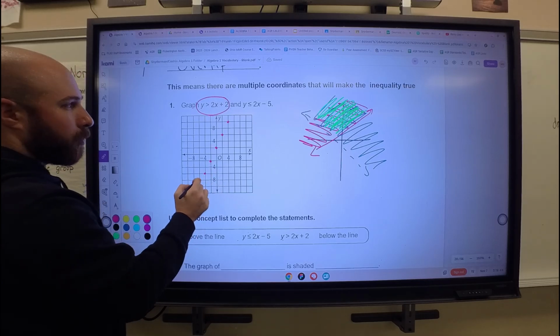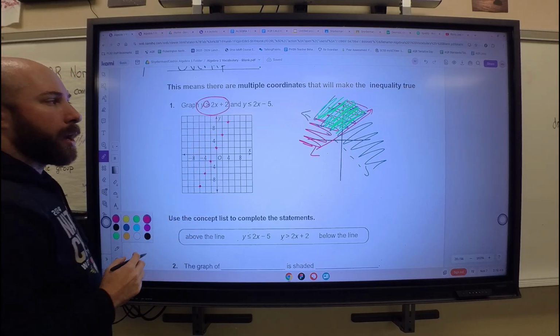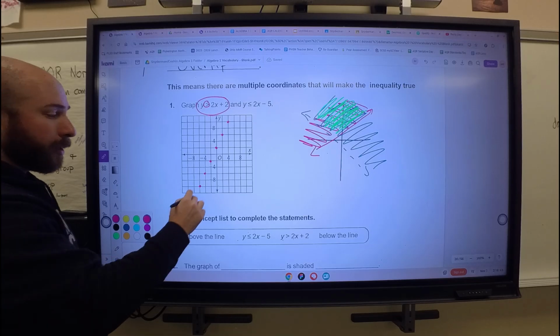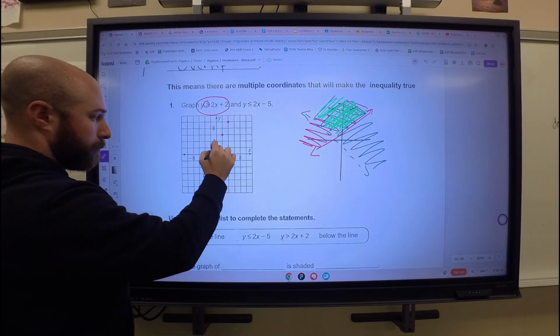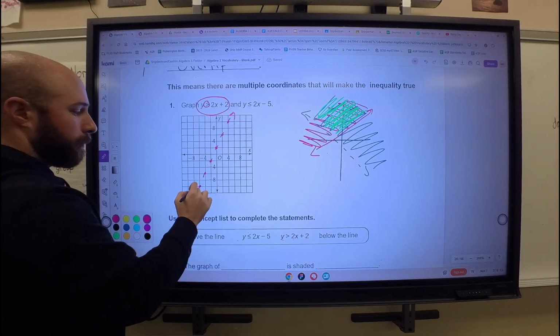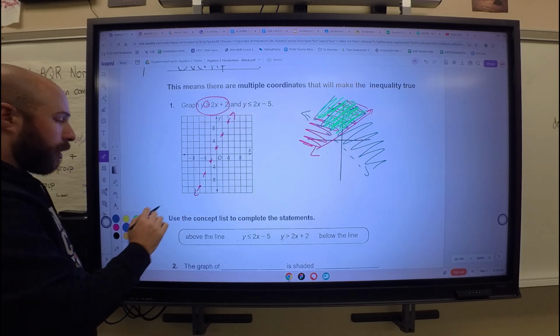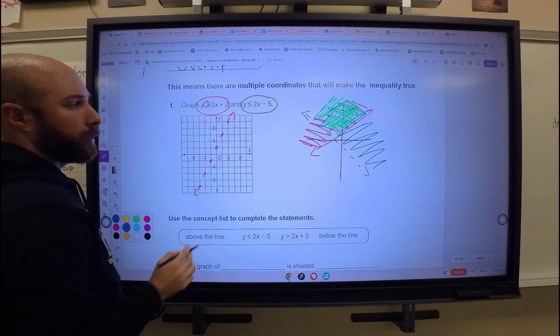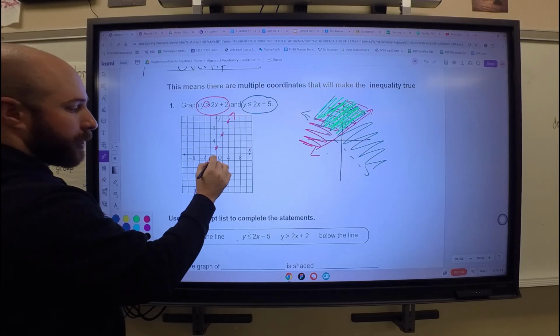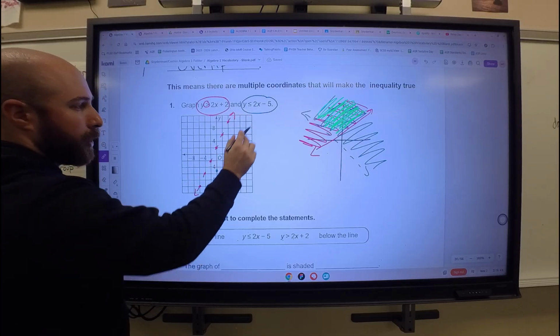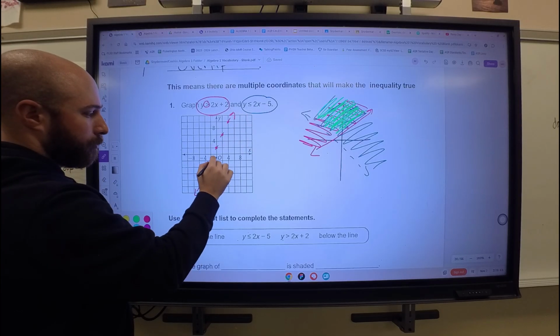And this inequality is going to have a dashed line because it's not equal to. And before I shade, I'm actually going to draw the other inequality on here at the same time. So this has a y-intercept at negative 5 with again a slope of 2.